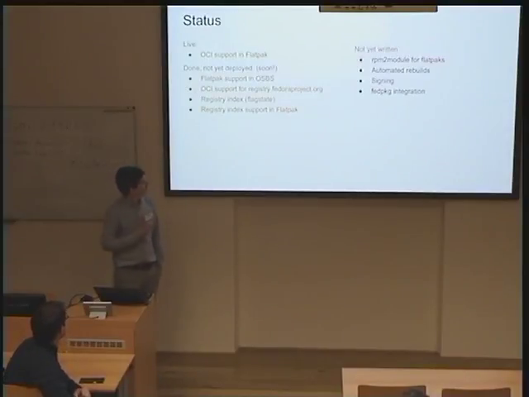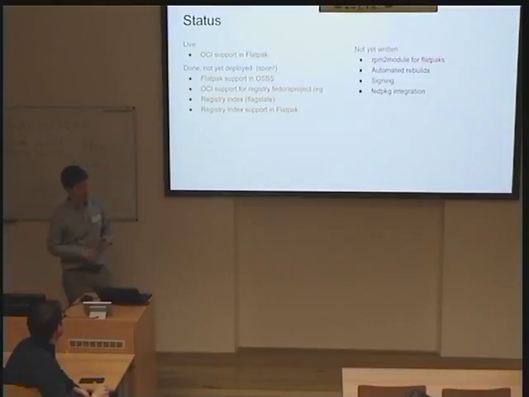What's the status? So all the stuff on the left has been written. We have had the OCI support in Flatpak for a long time. We have code for OSBS for Flatpaks. We have code for OCI support. All the stuff I'm working closely with the Fedora infrastructure people to deploy. Hopefully within the next month or so, we'll actually have that live. Once we get that going, there's still some stuff we need to work on.